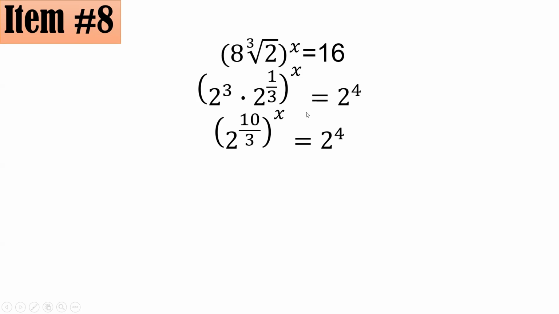So meron pang raised to x. At saka yung 16 naman po sa right side could be expressed as 2 to the 4th. And by the power of a power rule, I will copy the base here. This means po, dahil parehas po yung base nila, it means na yung exponent nito, 10/3 x, ay equal sa exponent sa right side na 4.